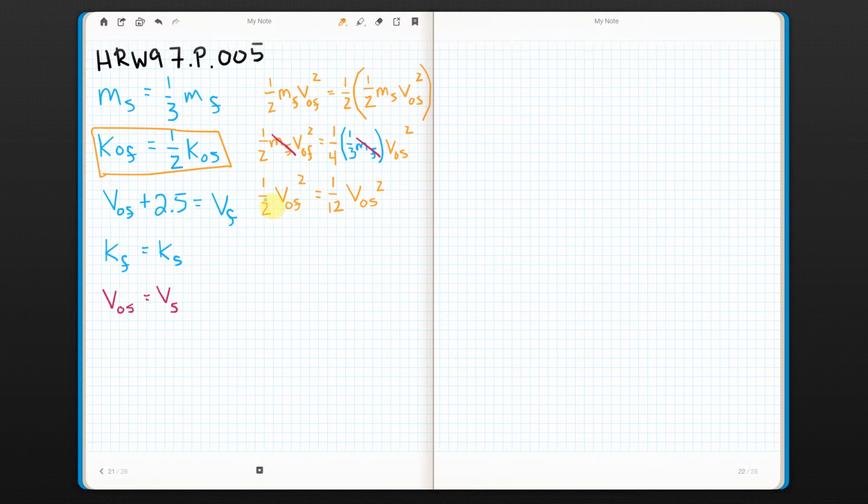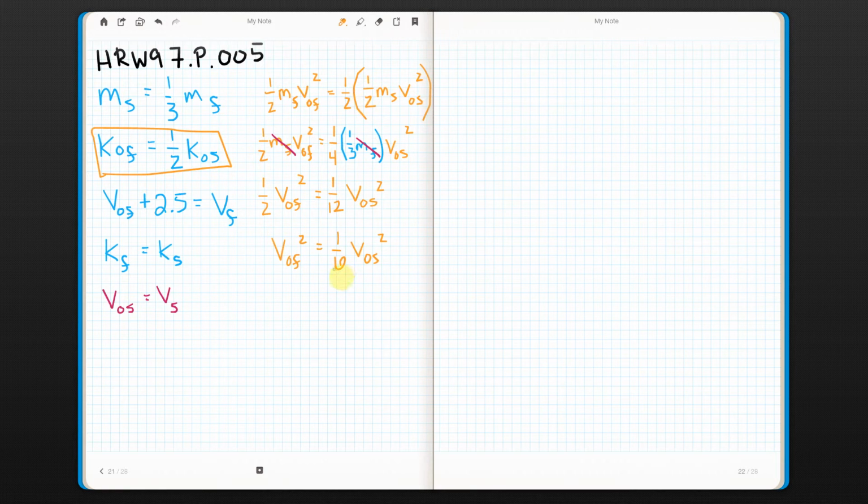Just to simplify it, I see I've got a 1/2 here and a 1/12 here. I'm going to multiply both sides by 2. That'll get rid of this one, and instead of 1/12, I get 1/6. That's about as best I can do right now. It's gotten much simpler than it was, though, right?